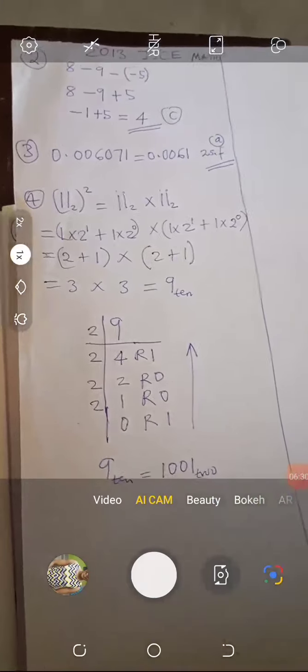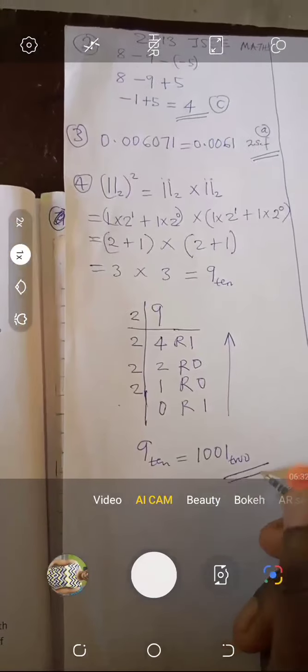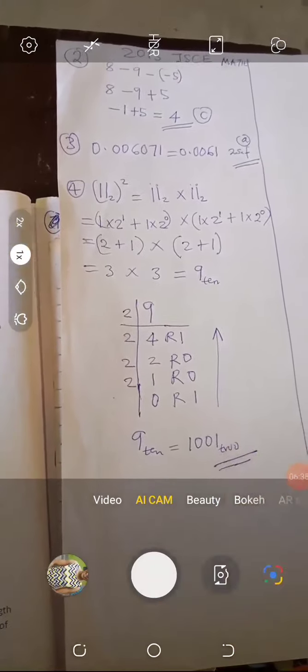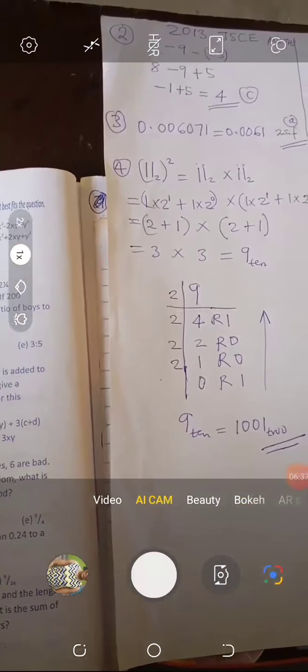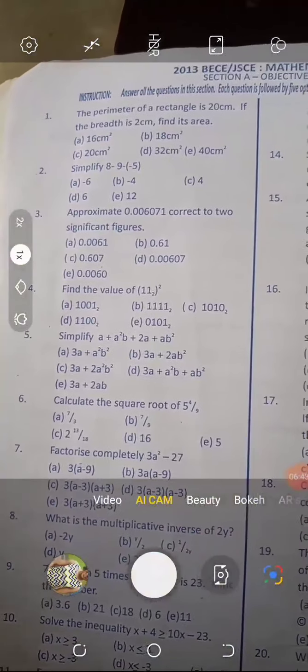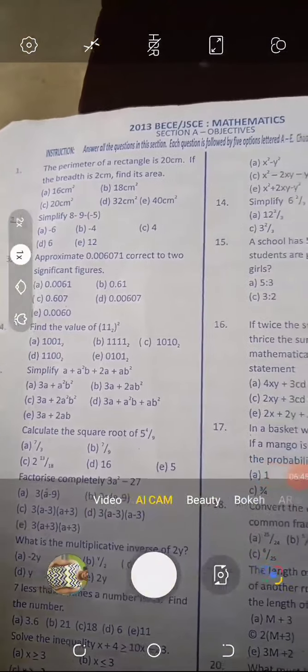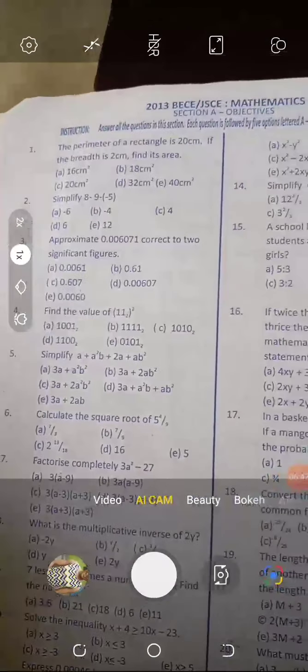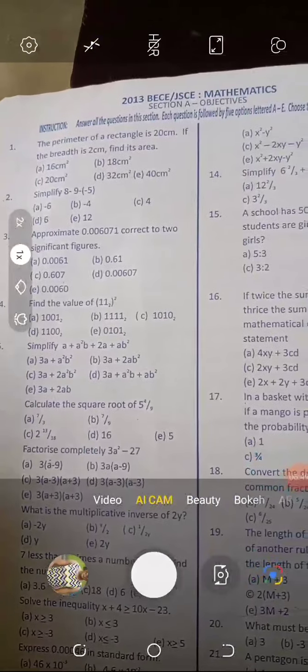That is what we are expected to get. That is our exact answer for that question. So the answer to that, if you go to your option, is A, 1001 base 2.